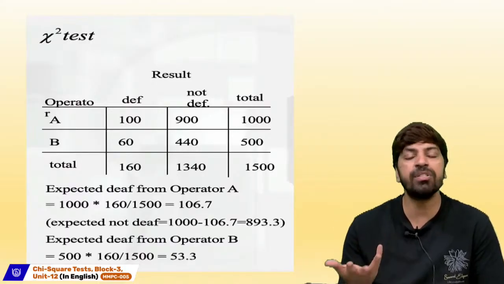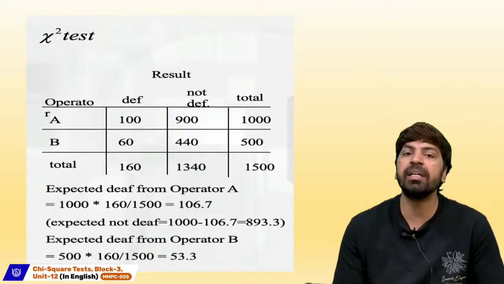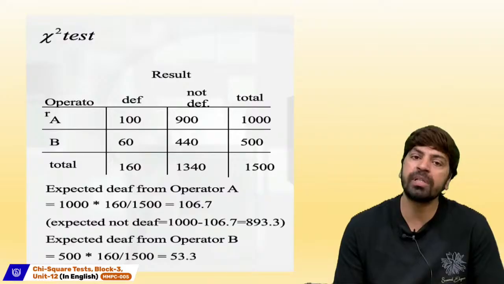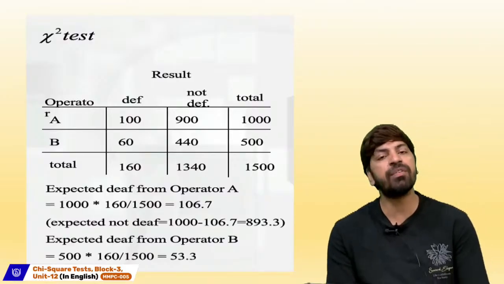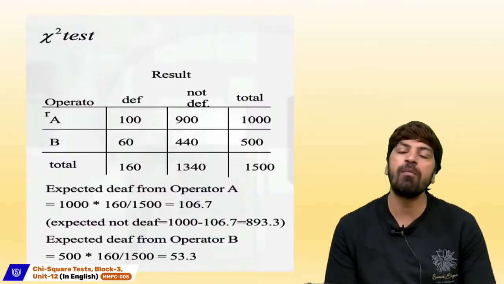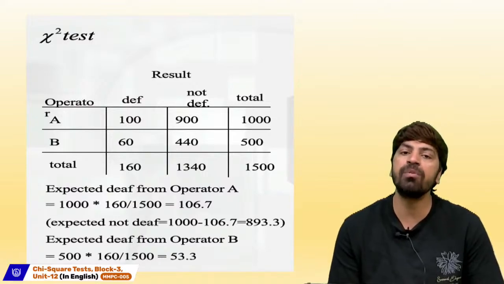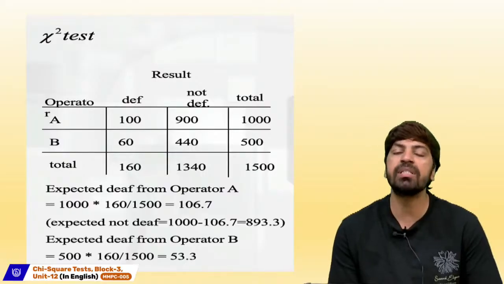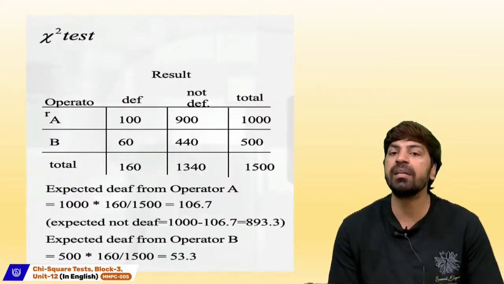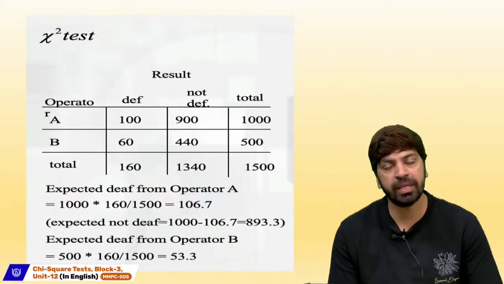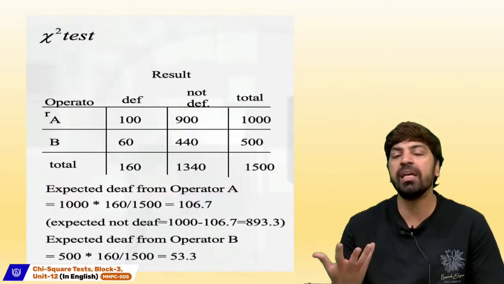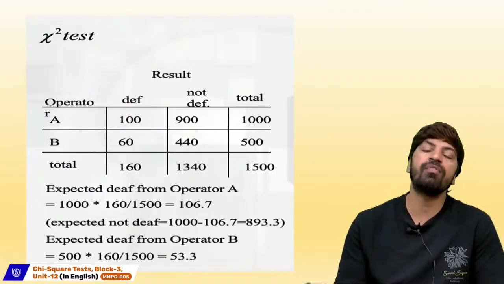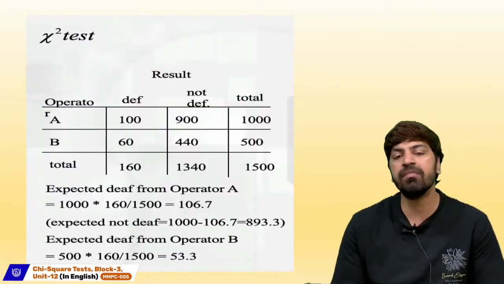Or you can also do expected non-defective as the row total 1000 minus the expected frequency of defective from operator A, that is 1000 minus 106.7, which is equal to 893.3. So this is also a way to calculate the expected frequency of defective and non-defective.